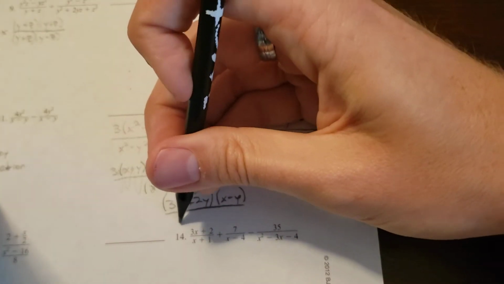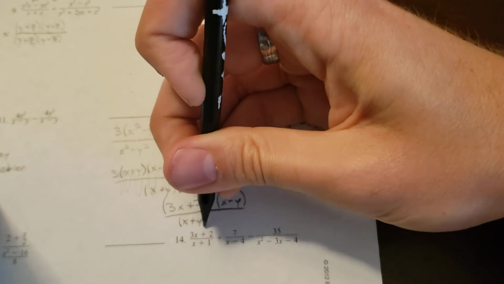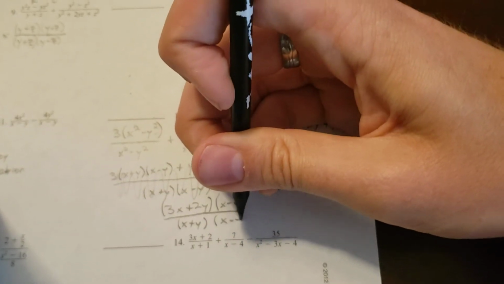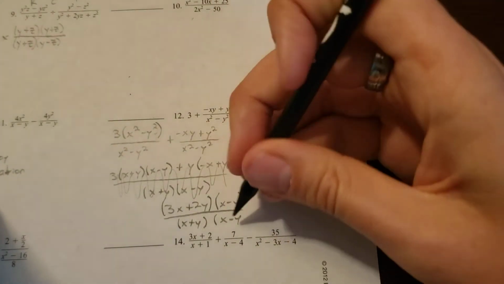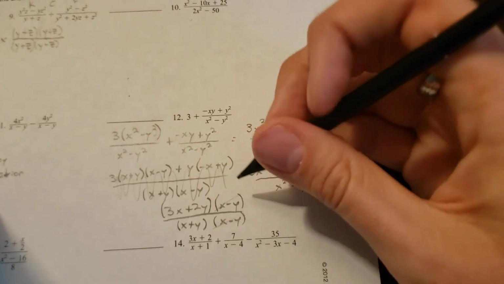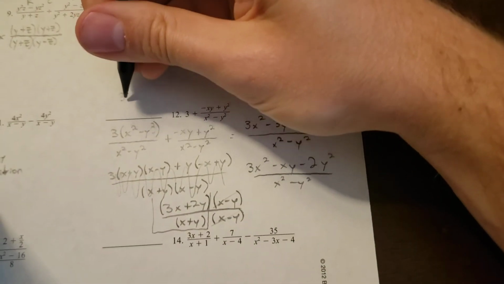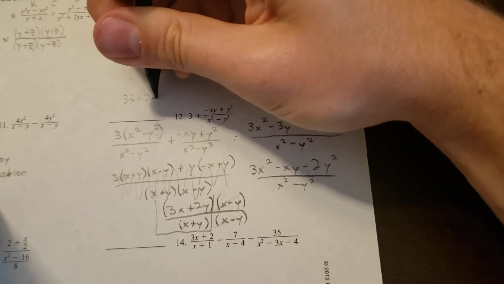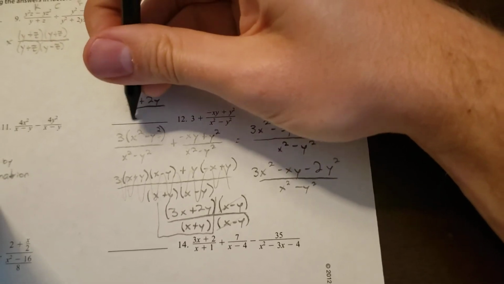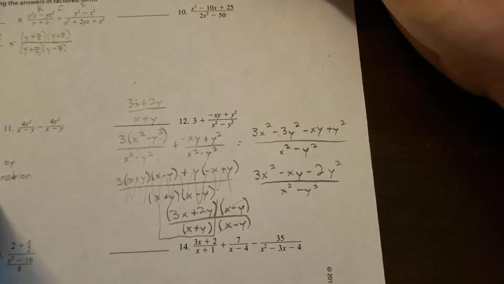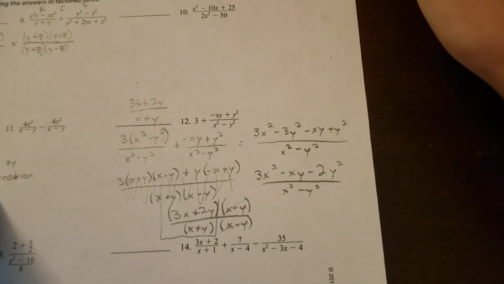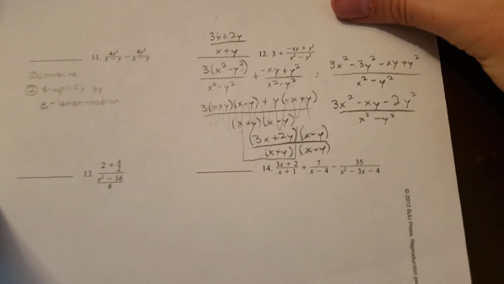We already know that as x plus y, x minus y. We could eliminate this, and our answer is 3x plus 2y over x plus y. Okay, that's a freebie. You're welcome.